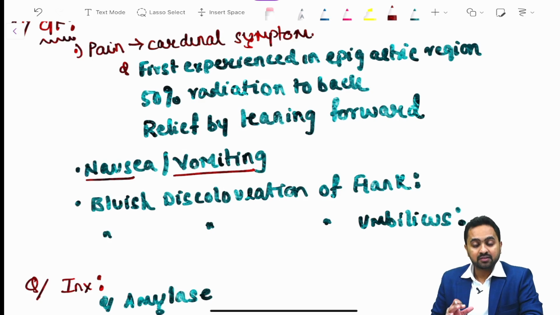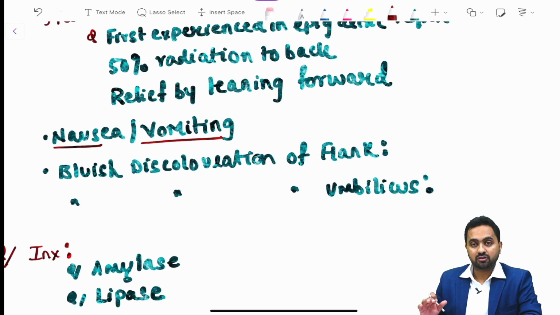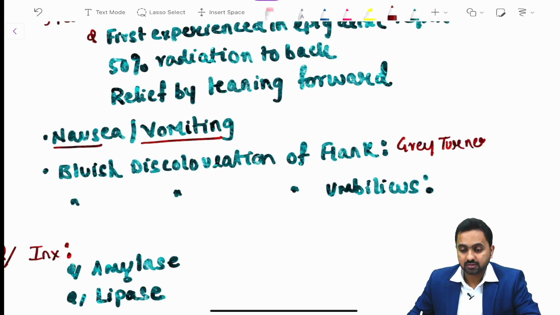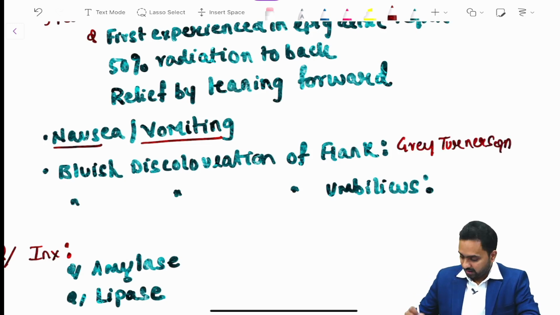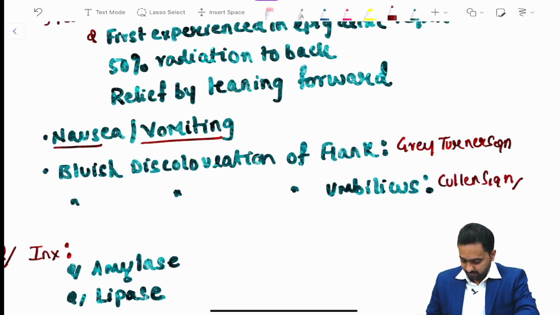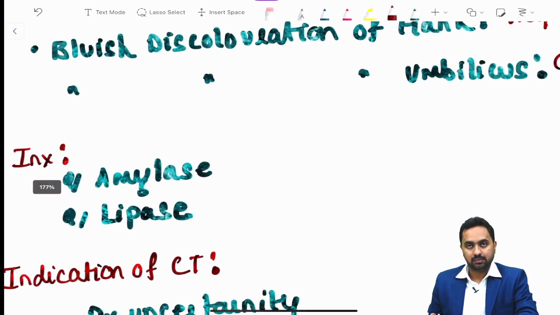Other specific features seen in acute pancreatitis include bluish discoloration of the flank, which is known as Grey Turner sign, and bluish discoloration over the umbilicus, which is known as Cullen's sign, right.